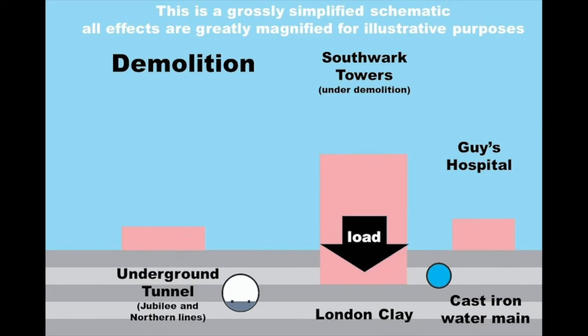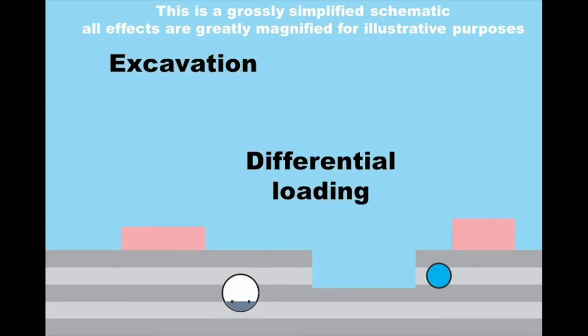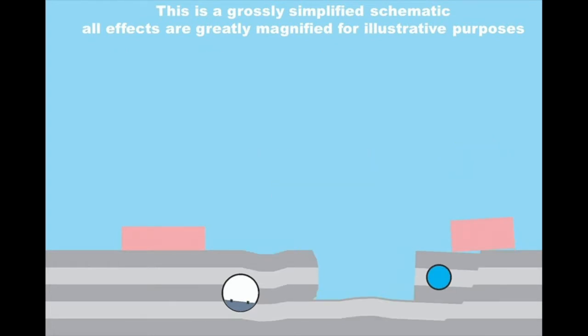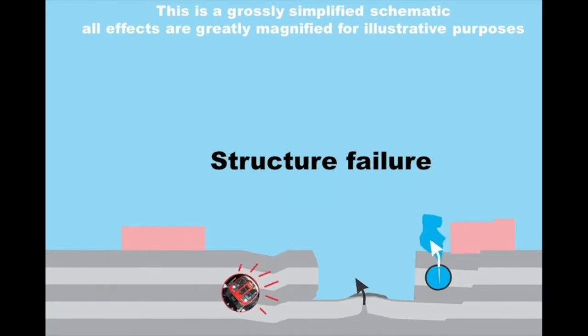First of all, there'd be rebound of the ground when the old tower block was demolished, and that would have an effect on all the structures within what we call the zone of influence. And then the basement was excavated, and that would cause further rebound of the ground and uplift.